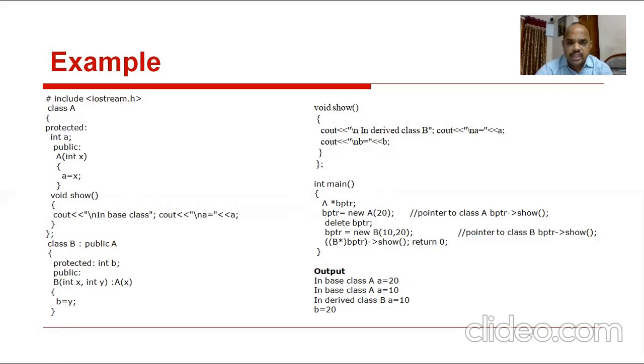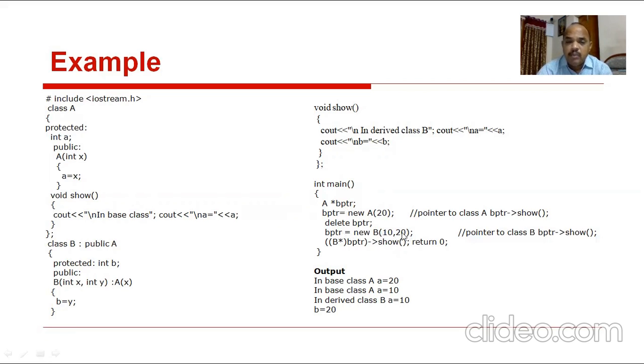Then delete is a keyword. It is used to free the memory, meaning release the memory, of a particular object. Clear? Then here BPTR, a base class pointer object, equal to new B. What is B? B is a derived class name.